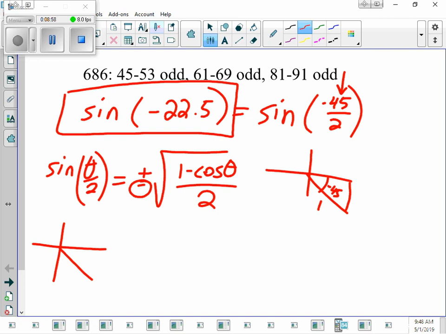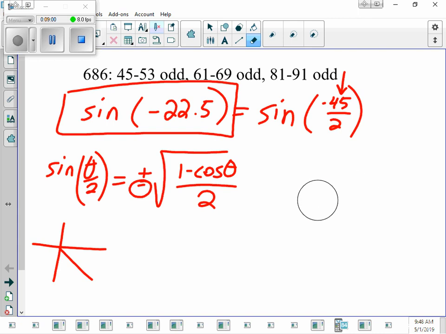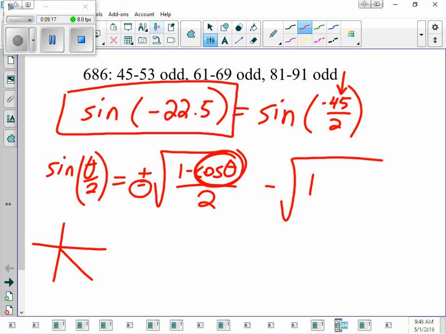No, this isn't the way you guys want to do it. You want to do it the other way. So what is the cosine of negative 45? Let's solve it that way. Go to your unit circle, positive root 2 over 2. So I get the negative version of the square root of 1 minus root 2 over 2, over 2.